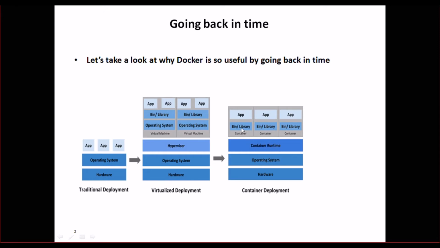So what is happening here? If you see here, bin and libraries, and on top of these bin and libraries we have the application available. That means these containers are using the system binaries and libraries to communicate and to work. So these containers are pretty small and launched in different user namespaces.